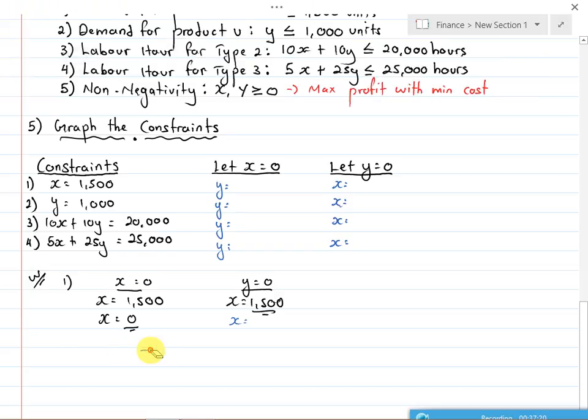So this is already wrong. This one is also wrong. How does it work? X equals 0 means y is 1500. Okay. How come? Sure. Then y equals to 0 means?